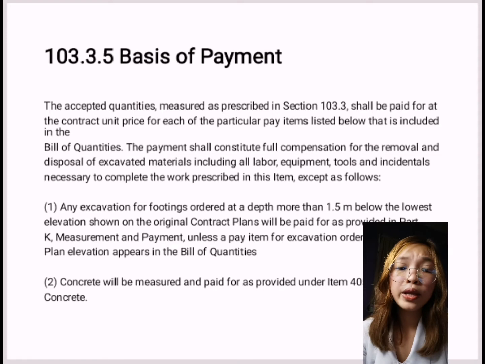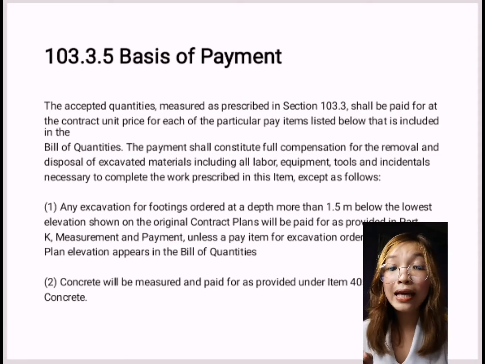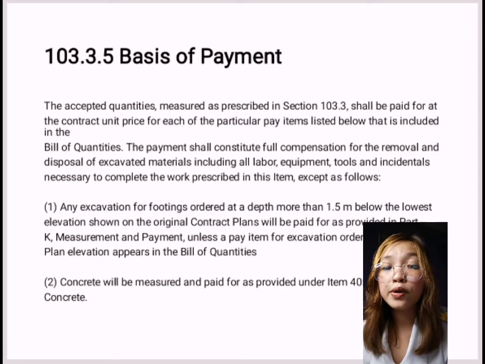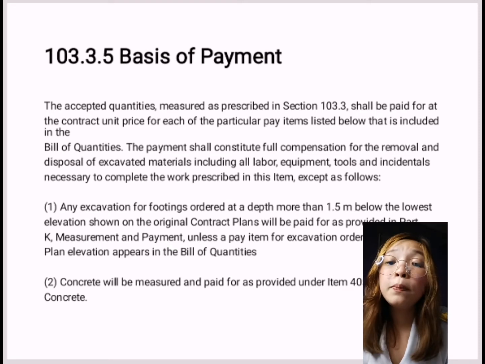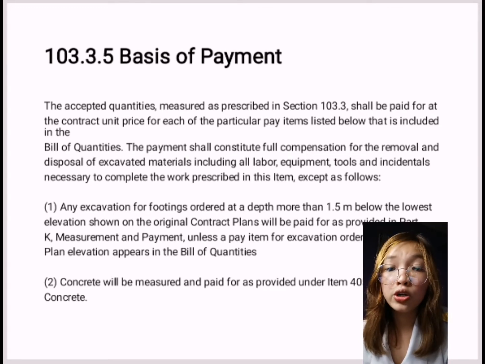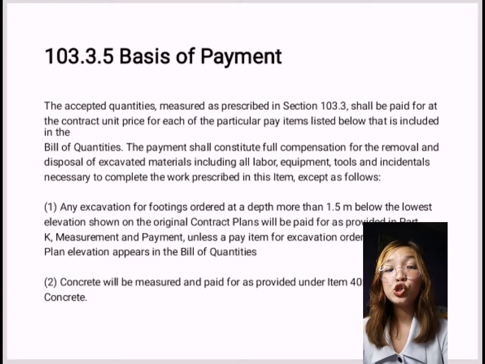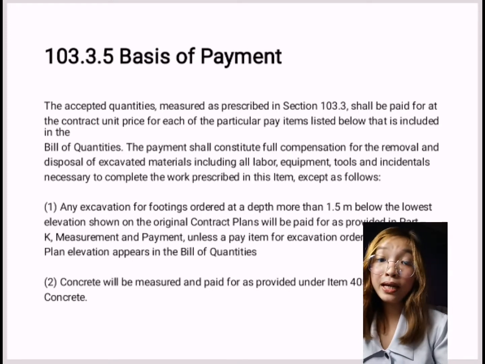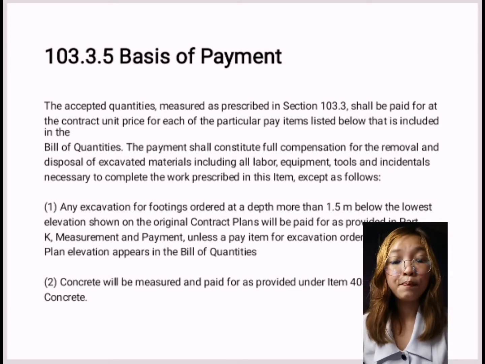So 1. Any excavation for footings ordered at a depth more than 1.5 meter below the lowest elevation shown on the original contract plans will be paid for as provided in Part K measurement and payment, unless pay item for excavation ordered below plan elevation appears in the bill of quantities.